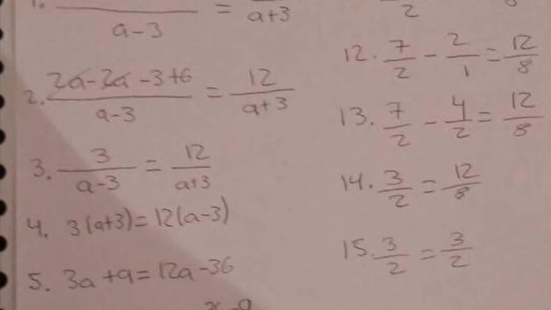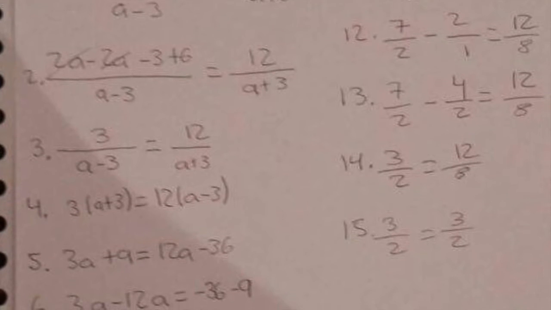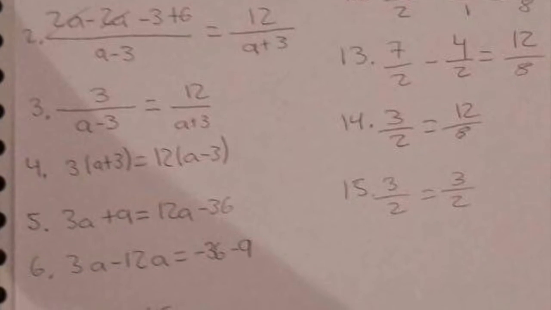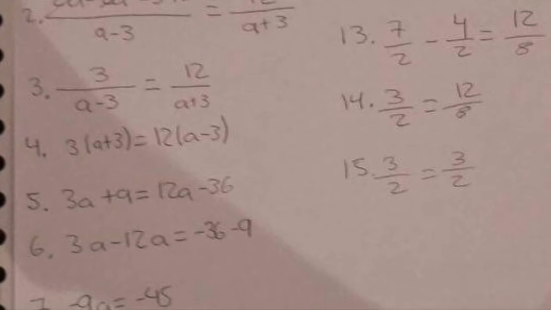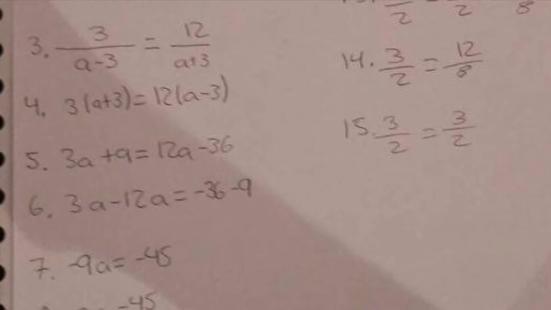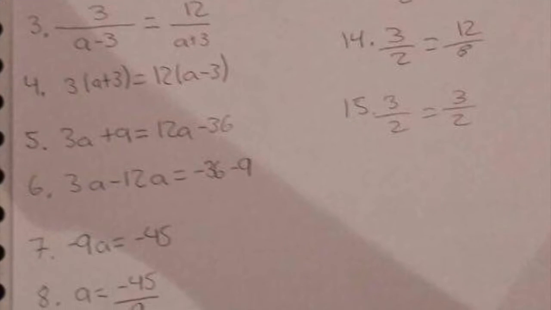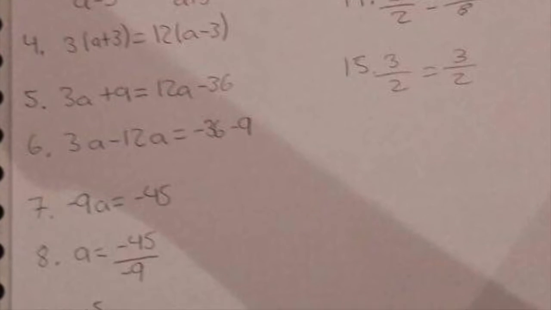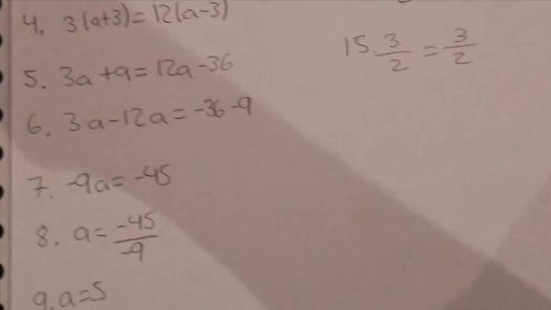Step number 3 is the answer of step number 2. Later, in step number 4, I did the cross multiplication. And in step number 5, I multiplied with the distributive property. In step number 6, I put the variables on one side and the numbers on the other.